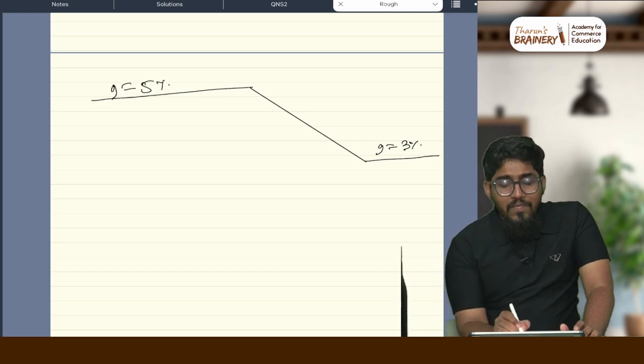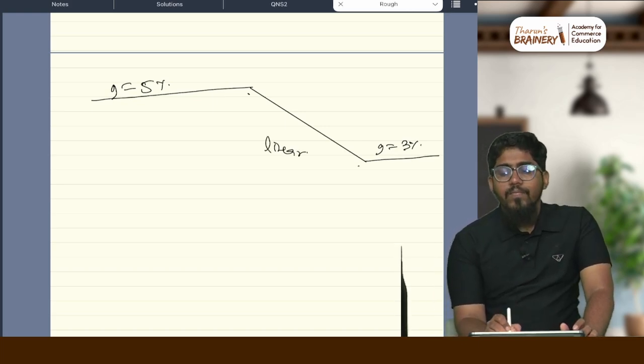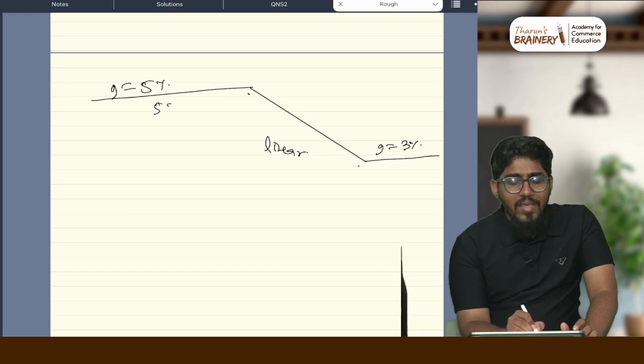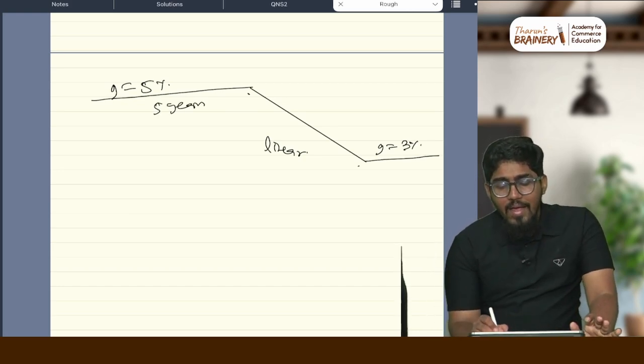So this 5 will decline to 3, linear declining. They will give linear declining. So they will give here 5 years, then 5, 4, 3, and after 2 years, after 7 years this will be done.